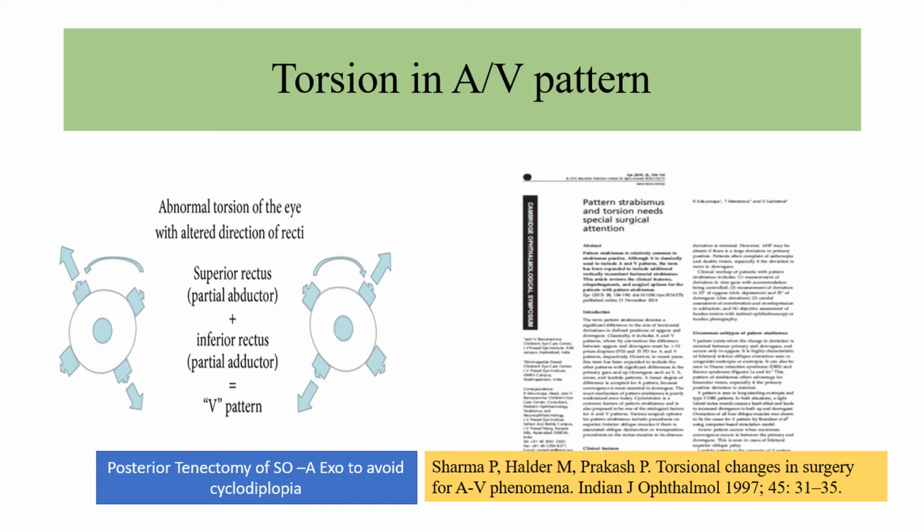Kekunia has written a paper on pattern strabismus and torsion with special reference to surgical attention, and the review is very good. Dr. Pradeep Sharma himself talked on torsional changes in surgery for A and V pattern in 1997, where he saw that some cases give rise to torsion even after taking care of the surgery.